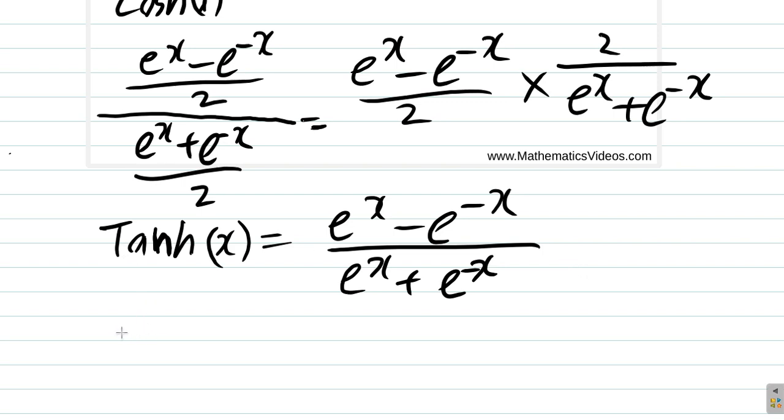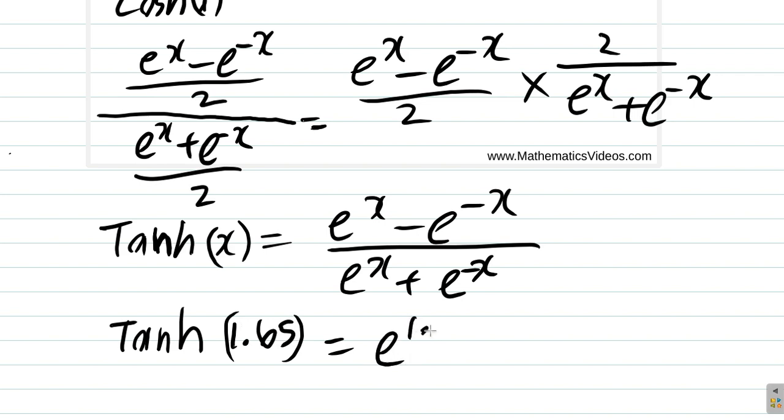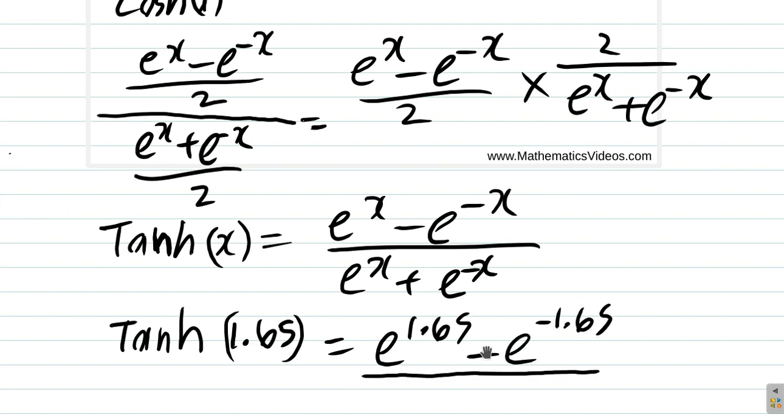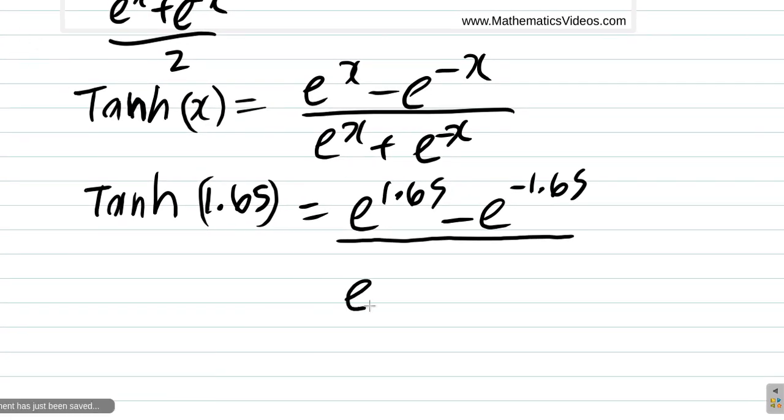Now, suppose we consider an example. The tanh of, let's say, 1.65. This would be the same thing as e to the 1.65 minus e to the negative 1.65 all over e to the 1.65 plus e to the negative 1.65.